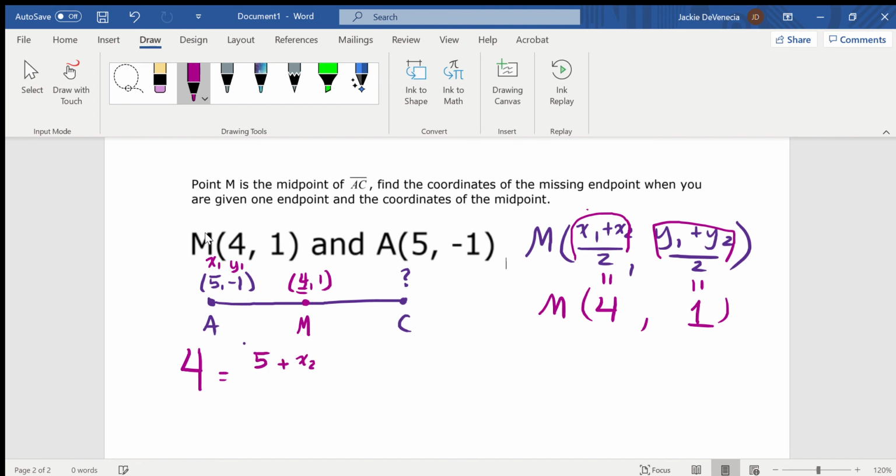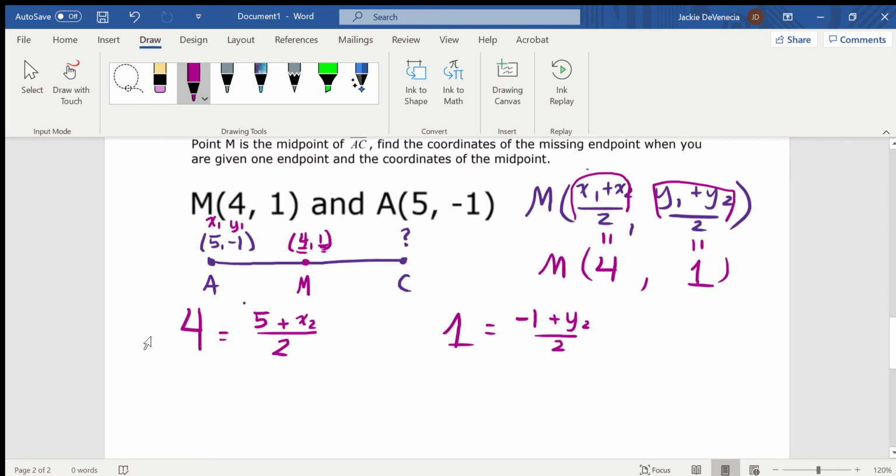I don't know what that is, so I'll just leave that as x2 divided by 2. And then for my y coordinate, 1 is going to equal y1, which is -1, plus, I don't know what y2 is, so I'll just write y2 in the end, divided by 2. So these will be the two different formulas I'll be solving for this problem.